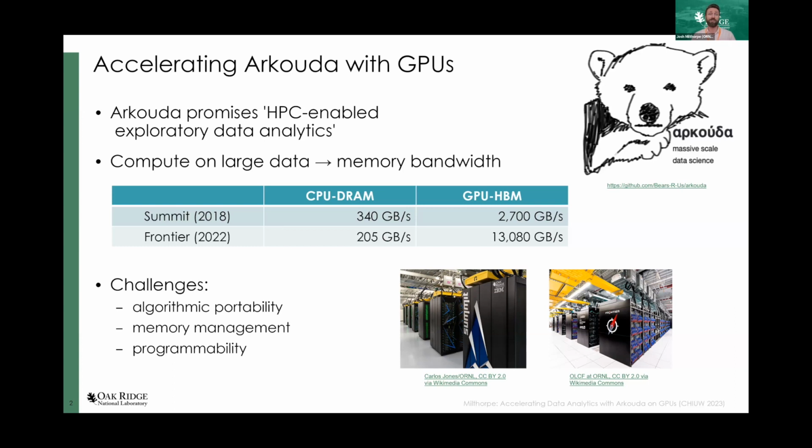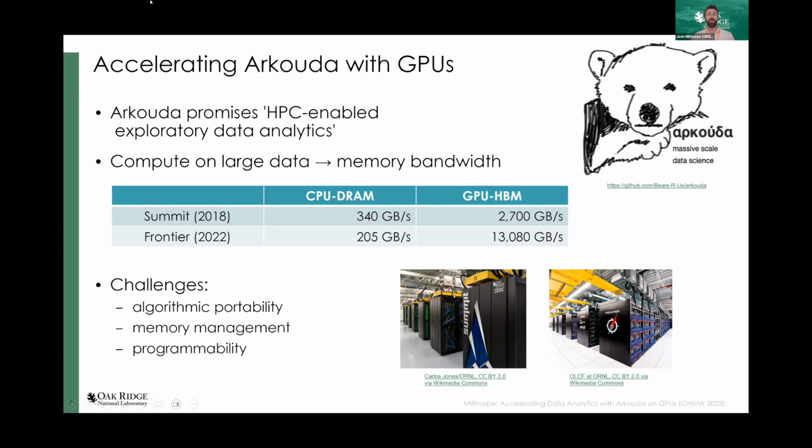So what are the challenges for using GPUs in Arkouda? A big one is always going to be algorithmic portability. It's not necessarily the case that an algorithm that works well on a CPU architecture is going to be performance portable to GPUs. In addition to that, there's also the problem of memory management. So you've got large data.